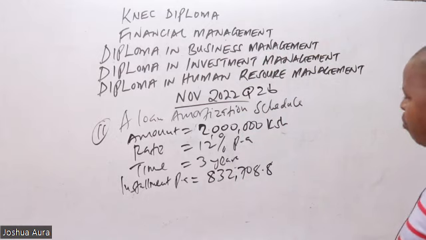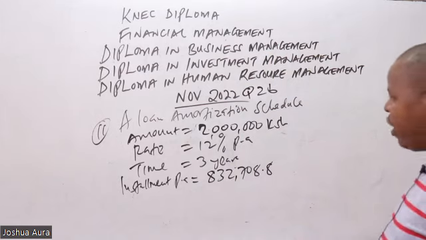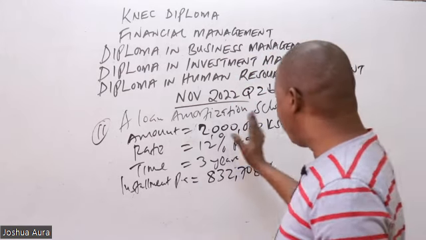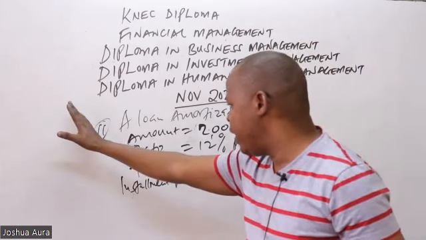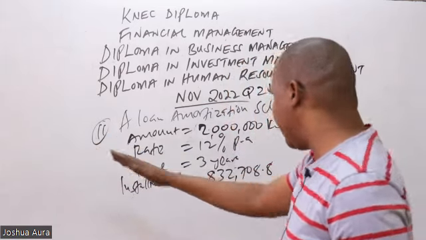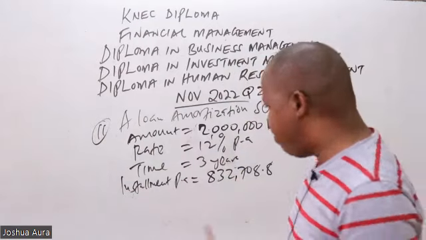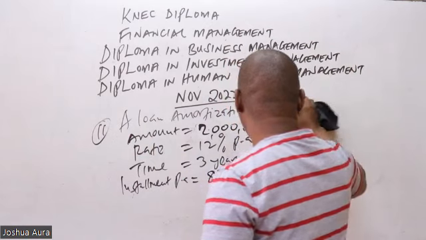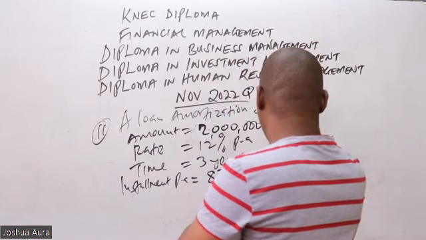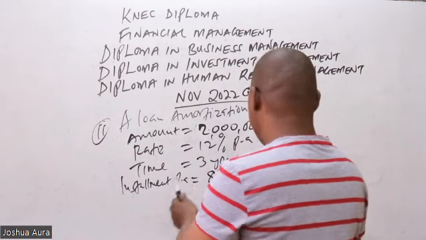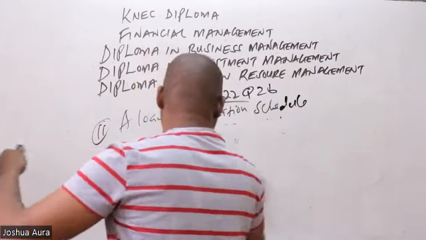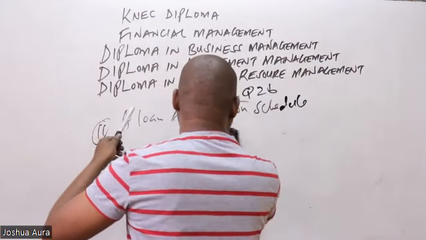So now let us come up with the loan amortization schedule. Allow me to move this information aside so that I can use this part of the board for our working.